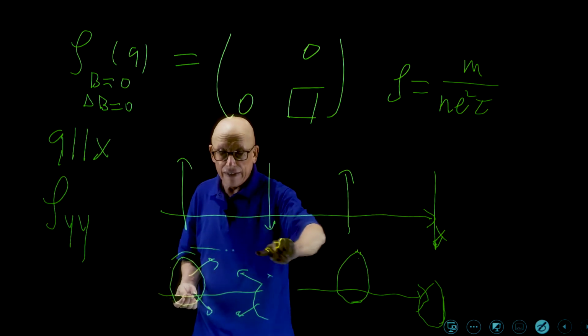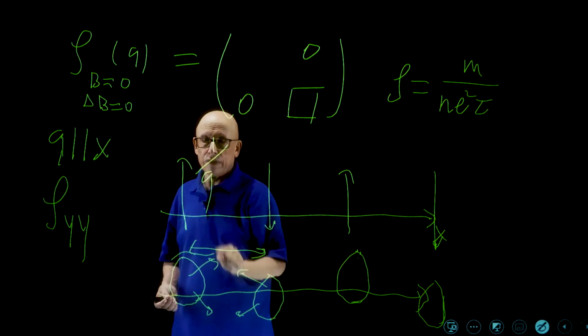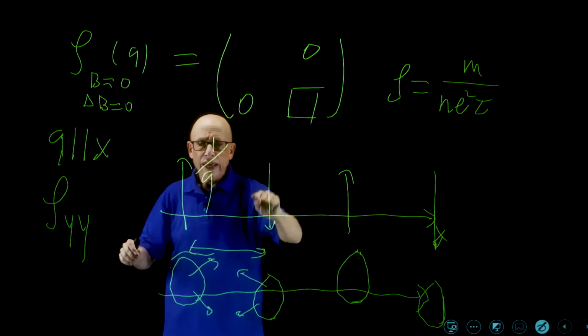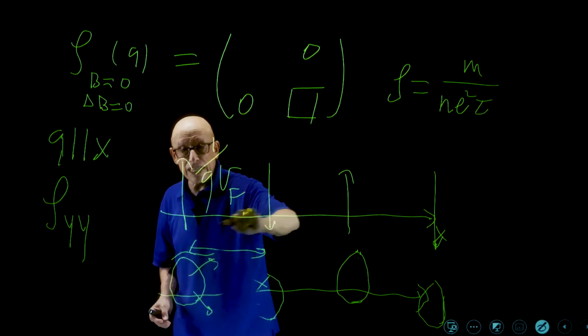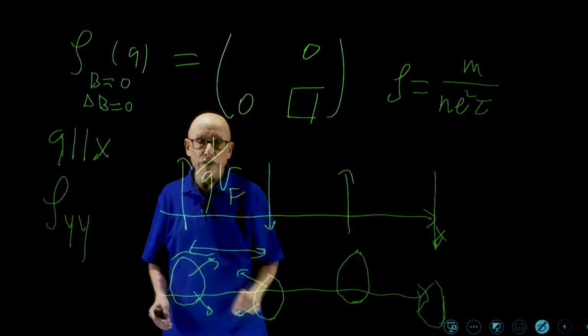The length scale, this length scale, is of the order of 1 over q. Forget factors of 2 and pi and all that. I'm not worrying about them. The velocity is of the order of v Fermi. So the relaxation time is just this distance divided by the velocity. It's 1 over q v_F.